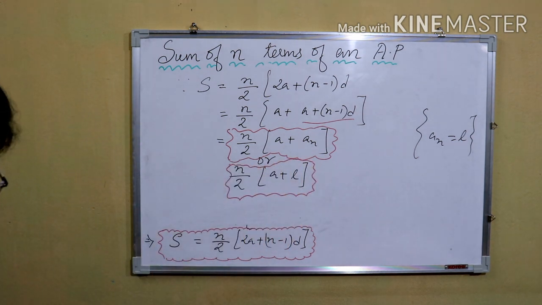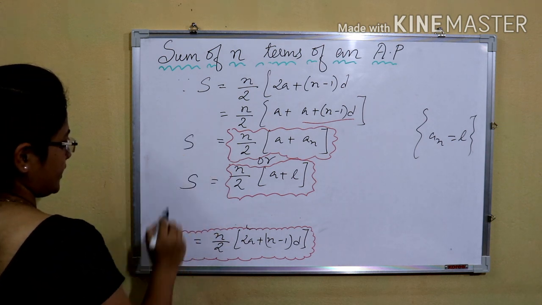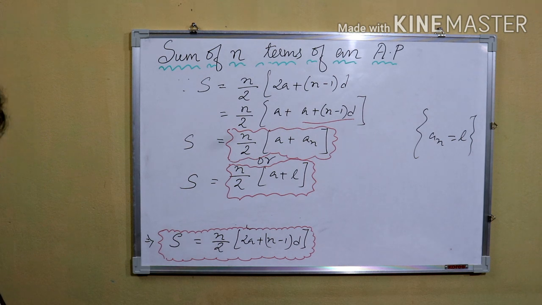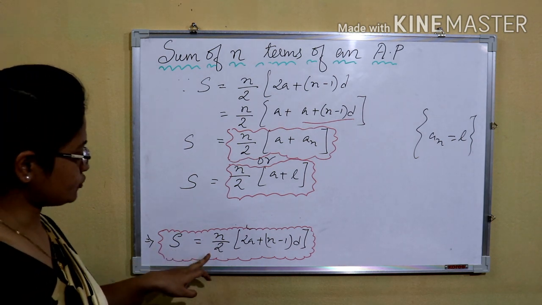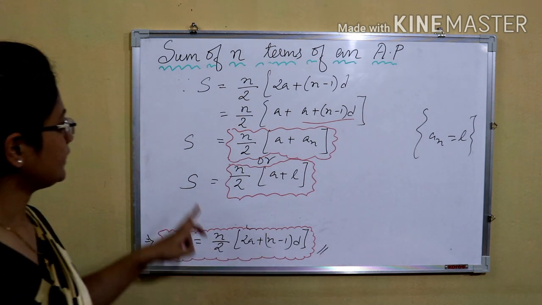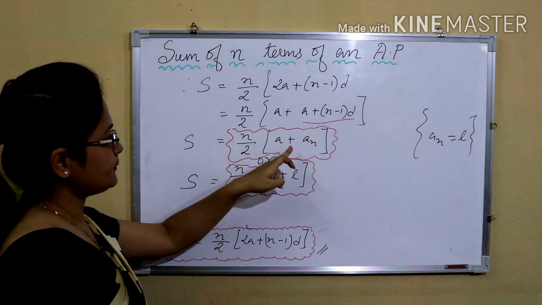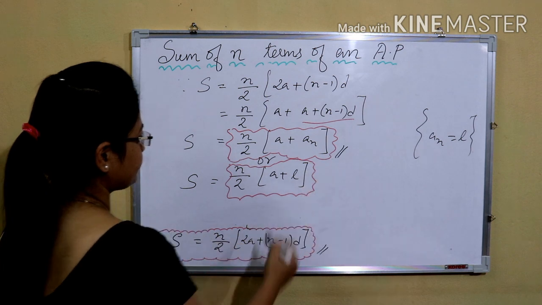So we got three derivations here. The first derivation, we got S is equal to n by 2, 2a plus n minus 1 d. Then we got S is equal to n by 2, a plus an.